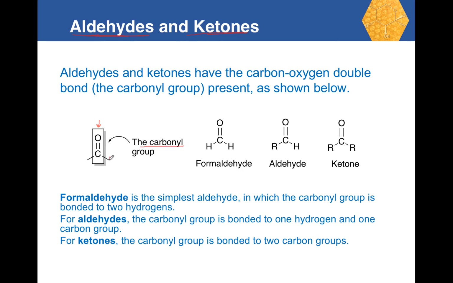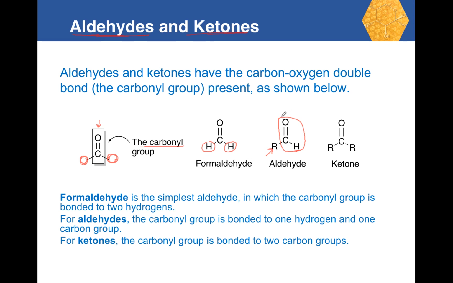So here we have an R group that can bond here and another R group that can bond here. If we have two hydrogens, that is a specific molecule, and that's called formaldehyde. If we have here a hydrogen bonded to the carbon of the carbon-oxygen double bond, this becomes an aldehyde, and then we can add different alkyl groups to that carbon.